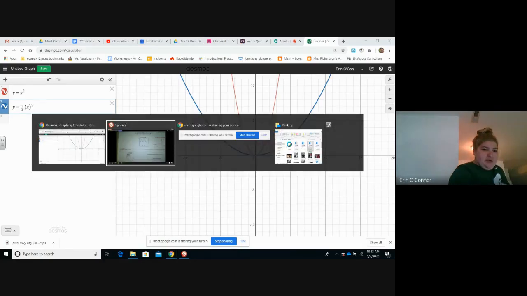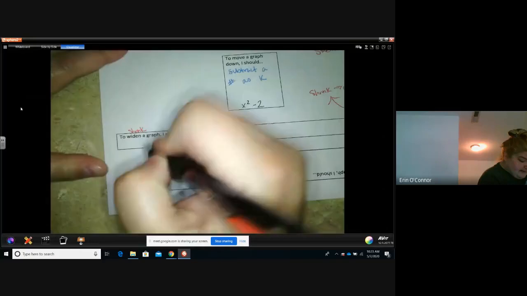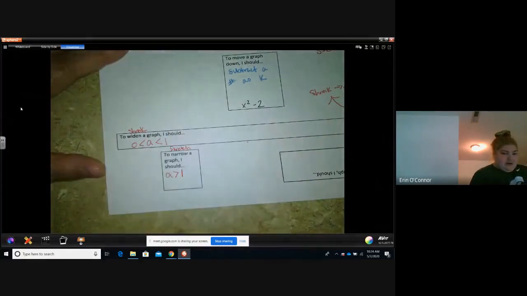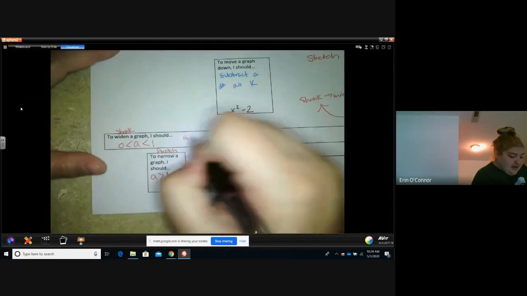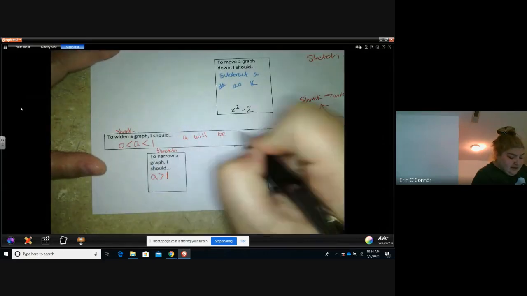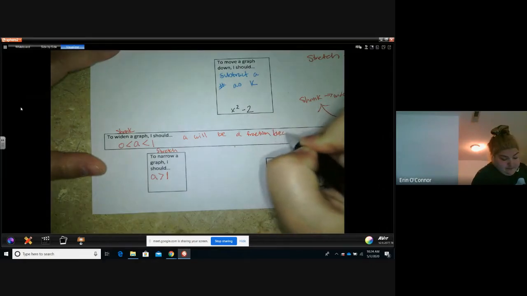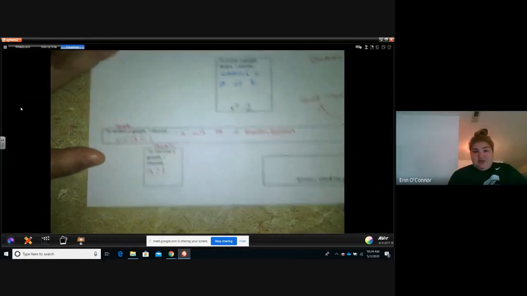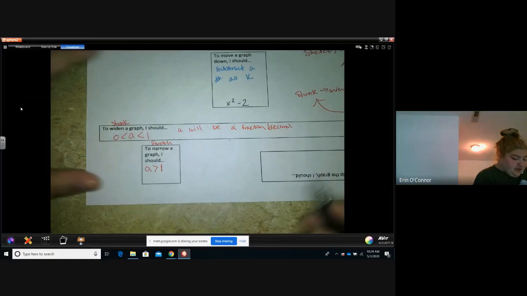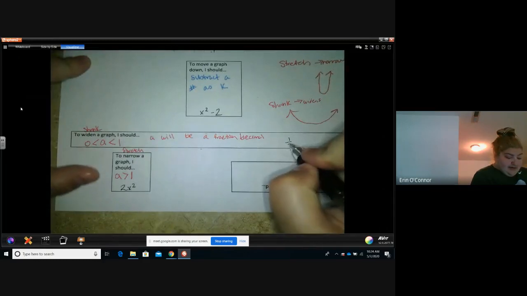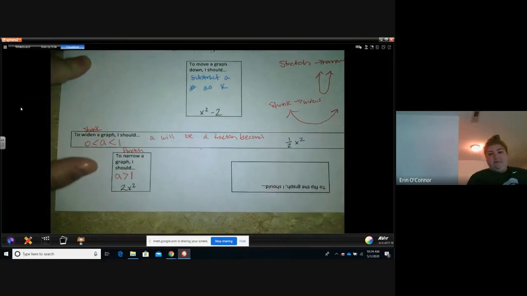So again, A is going to be greater than 0, but less than 1. So generally, A will be a fraction or decimal. Now, how do both of these look in equations? So this is going to look like 2x^2. And this one's going to look like 1/2 x^2.